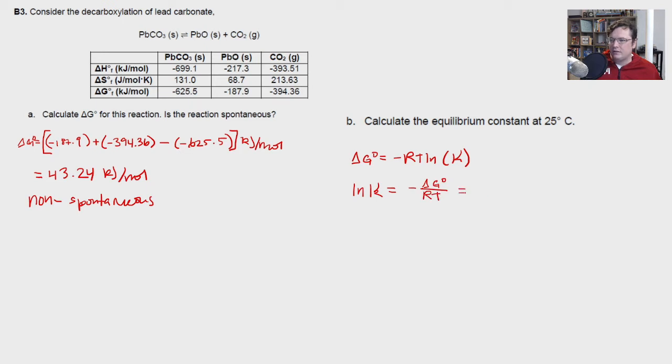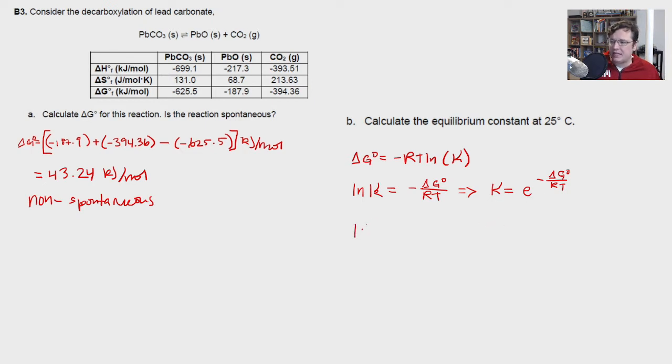We take e to the power of both sides to get rid of the natural log, so K equals e to the power of negative delta G naught over RT. That's the equation we'll use to figure out K at 25 degrees Celsius, and we just plug in our numbers.